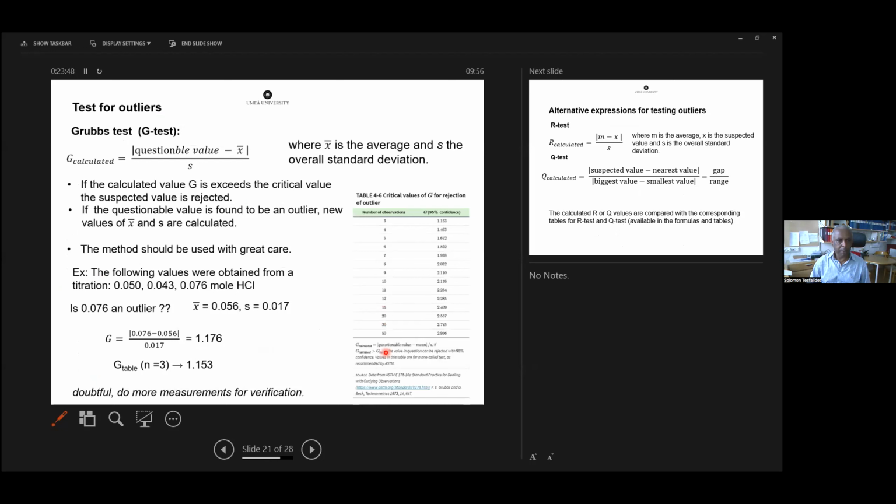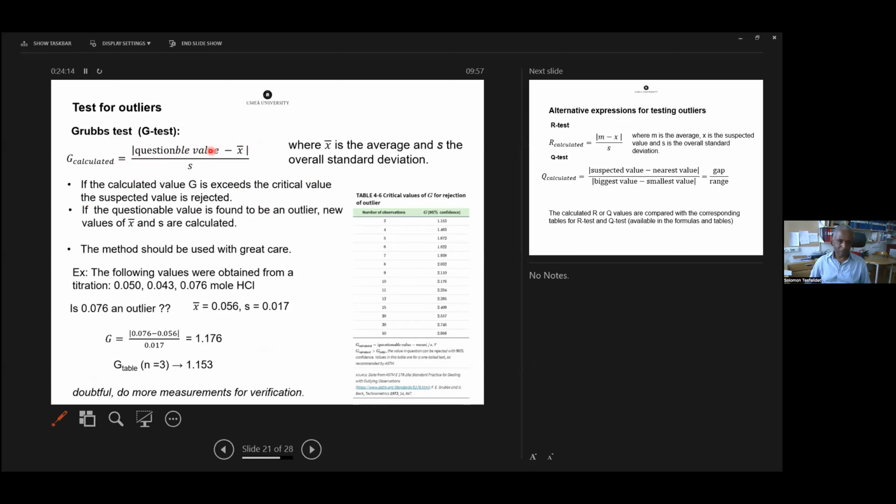And now we can continue with the test for outliers. You have different ways of doing a test for outliers. This is Grubbs' test. You have the questionable value minus the average, including the questionable value, of course.